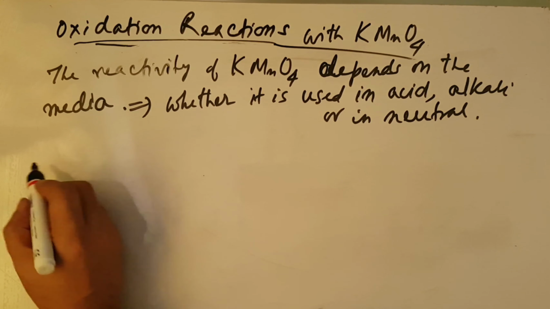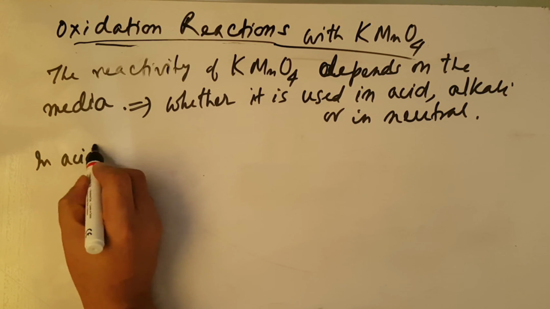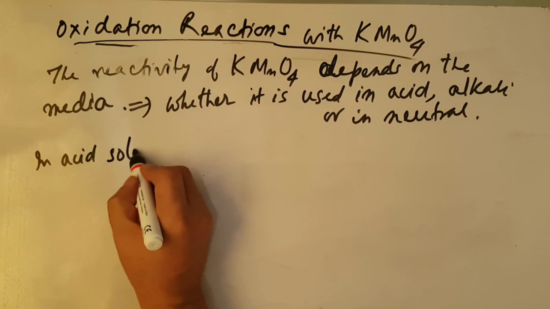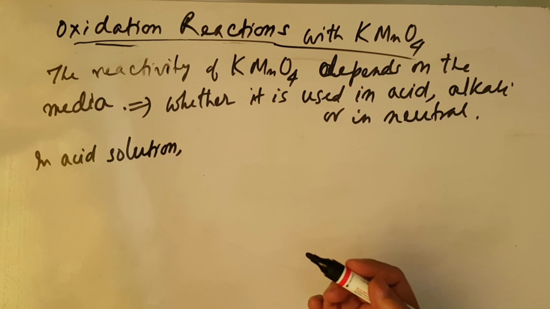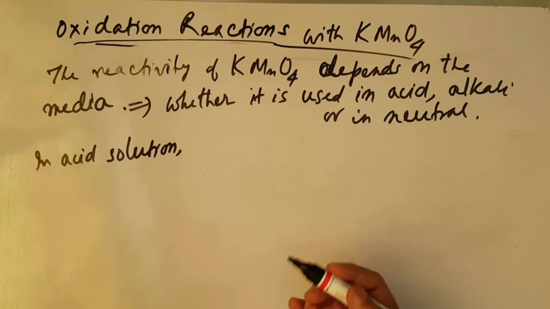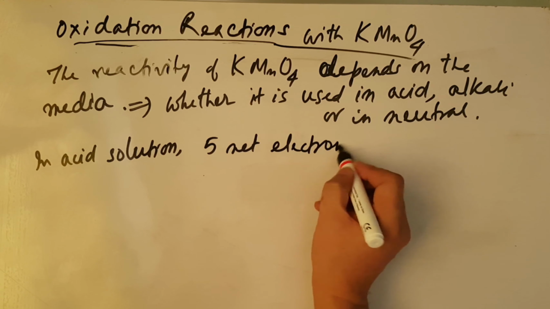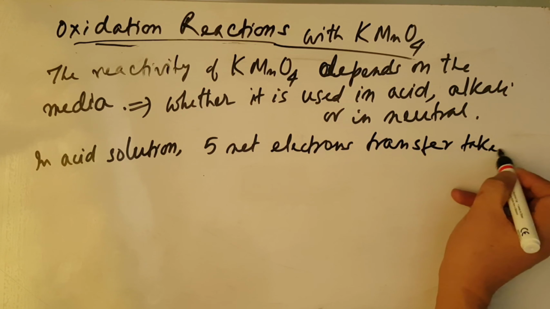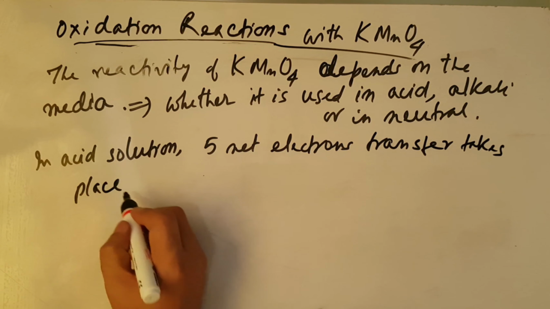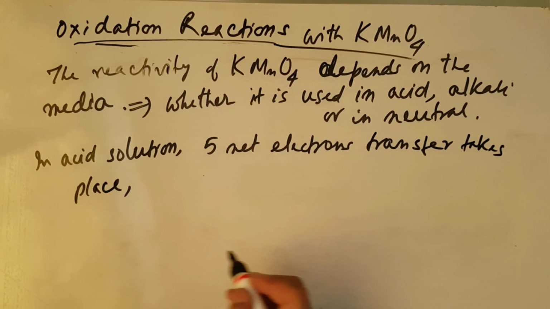In acid solution, KMnO4 is reduced with a net transfer of 5 electrons.